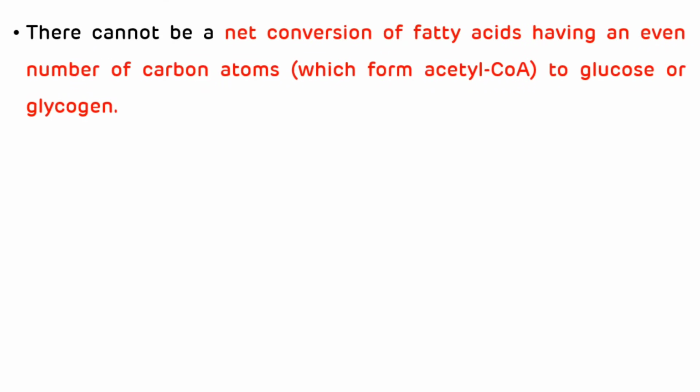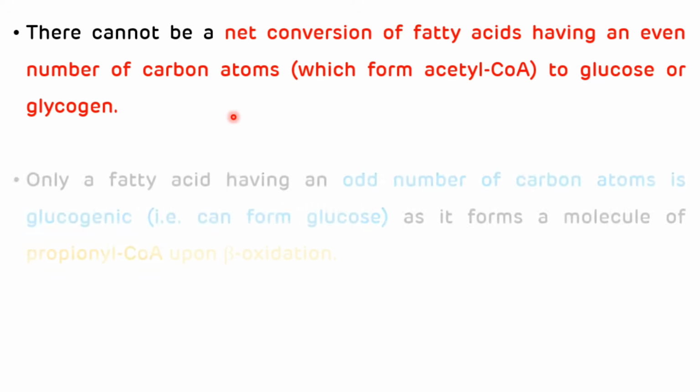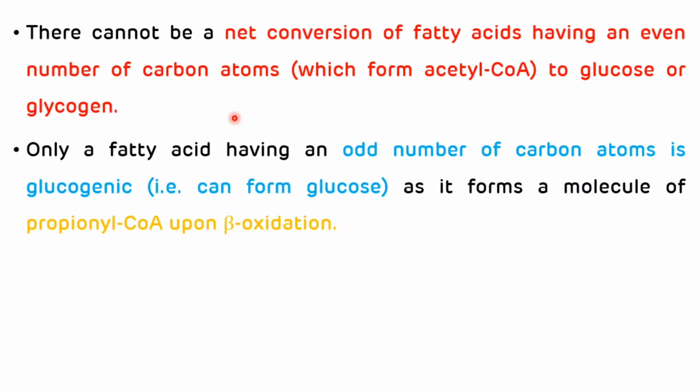Now there cannot be net conversion of fatty acids having an even number of carbon atoms, which form acetyl-CoA, to glucose or glycogen. Only a fatty acid having an odd number of carbon atoms is glucogenic. That means they can produce glucose, as it forms a molecule of propionyl-CoA upon beta oxidation.